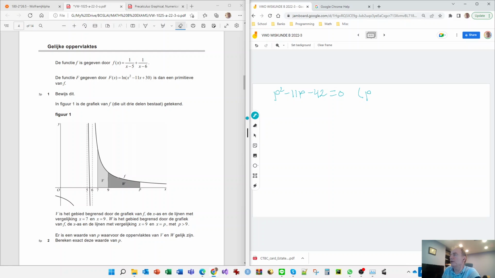Let's look at the factors of 42. So 1 and 42, obviously not, 2 and 21, 3 and 14. Well, 3 and 14 would add up in some way to 11.